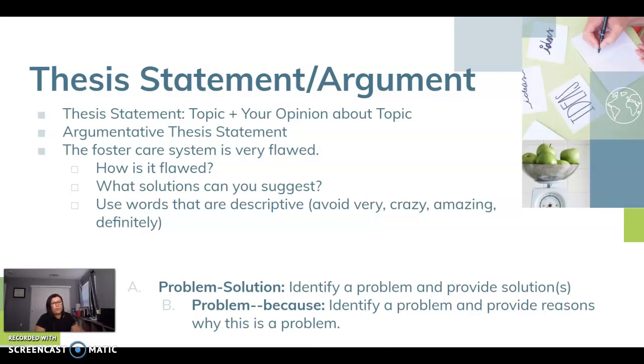And so throughout this essay, you would be able to point to different reasons why this problem exists, and perhaps also towards the end, you can provide the solution or solutions that you think would be effective in addressing this problem. All right. So notice how there are two options, and they're a little bit different. So notice that. All right.